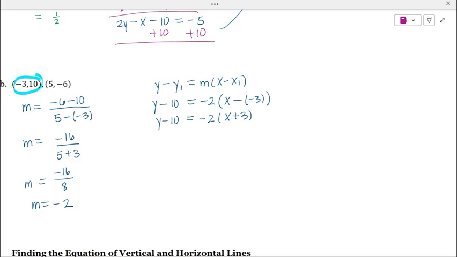To rewrite this in standard form, I need to distribute the 2 on the right-hand side. And then move the x to the left.